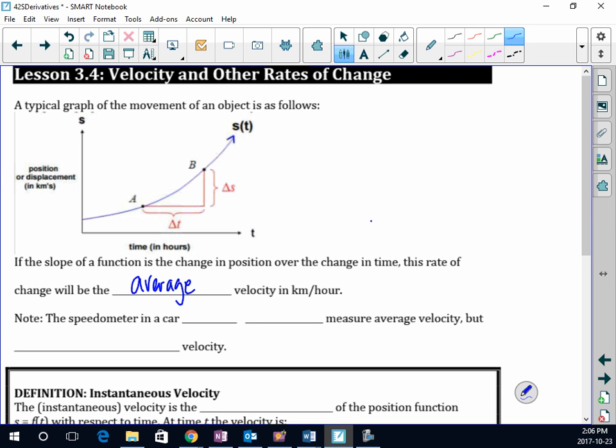The speedometer in a car does not measure average velocity. What does it measure? Instantaneous velocity.